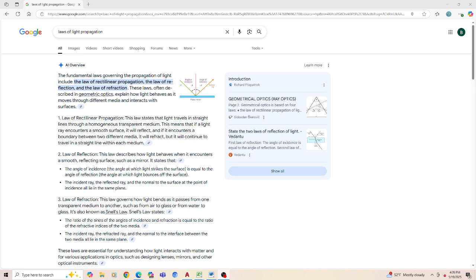This means that if a light ray encounters a smooth surface, it will reflect. If it encounters a boundary between two media, it will refract, but it will continue to travel in a straight line within each medium. This will be an important part for later on when we talk about other laws.